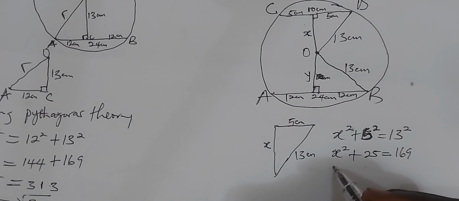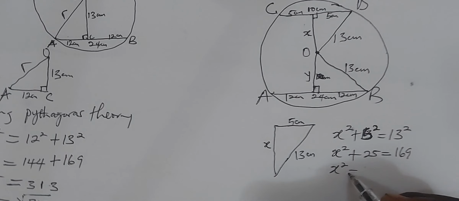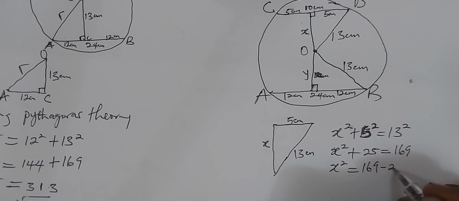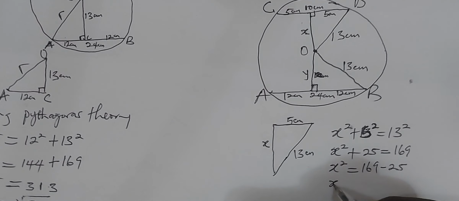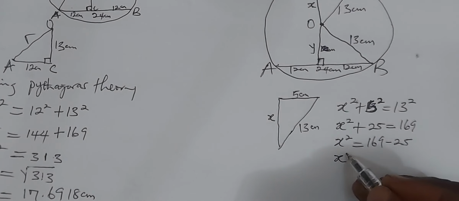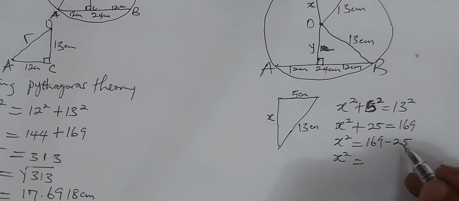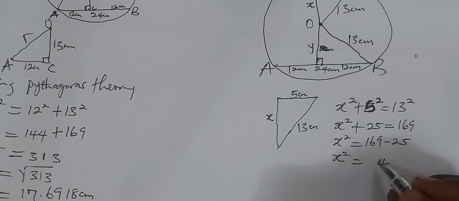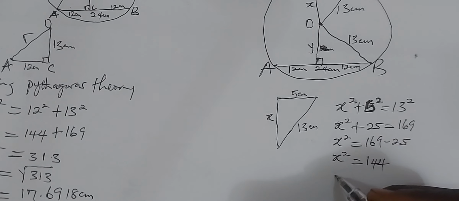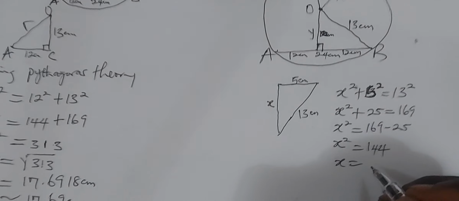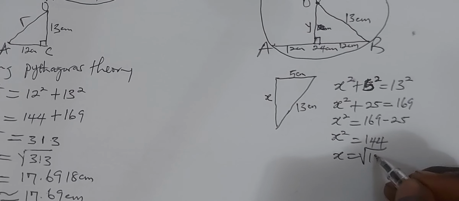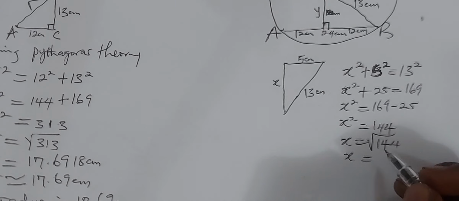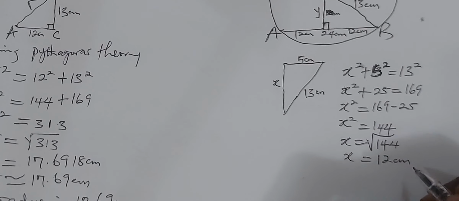Let's find x squared, which is 169 minus 25. Taking the number across changes it to negative. x squared equals 144. So x is equal to the square root of 144, and the square root of 144 is 12 centimeters.